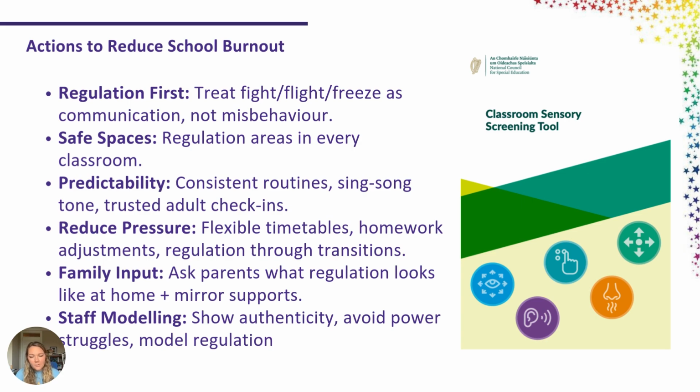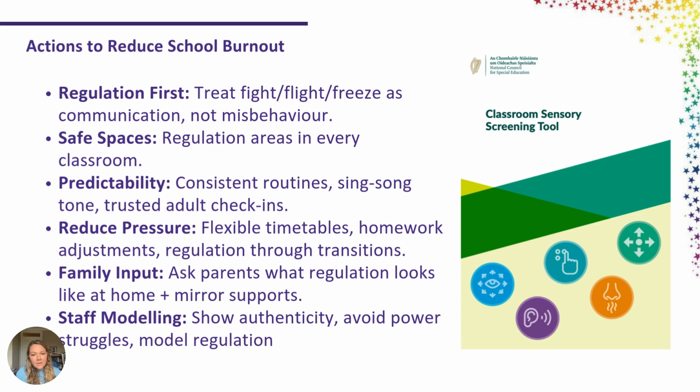We can also talk to the parent and ask, what does regulation look like at home and how can we support that in school? So if they're always on their peanut ball at home, or if they're always using screens at home to regulate their nervous system, how can we implement that in school? Screens are cause and effect. They're very predictable. They know exactly what's going to happen and they have complete autonomy over it.